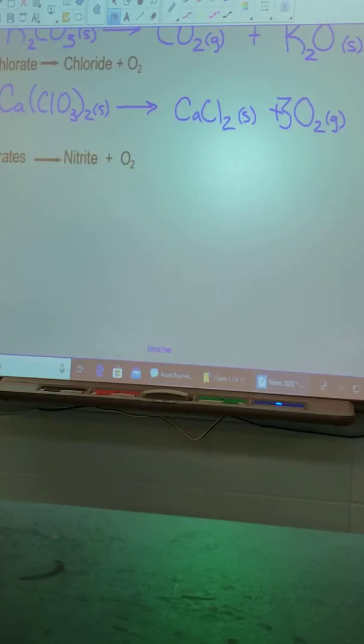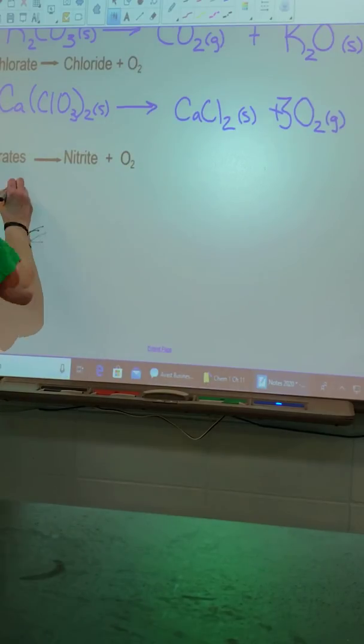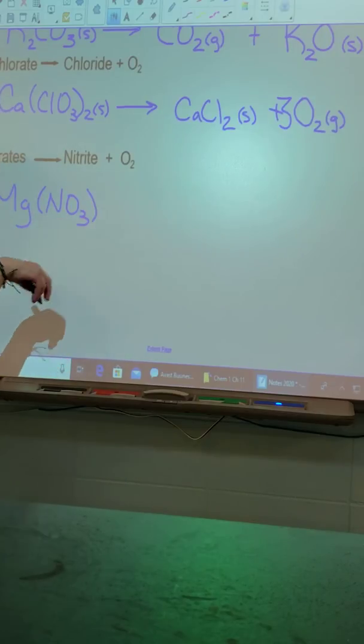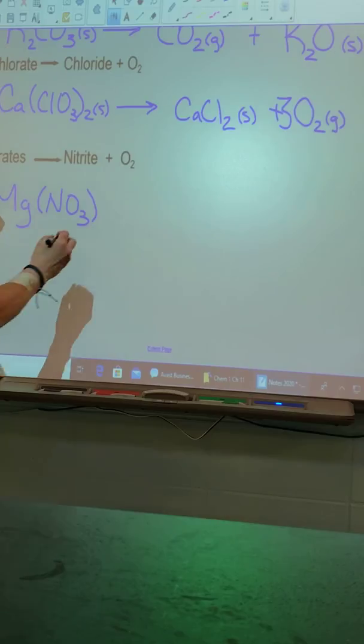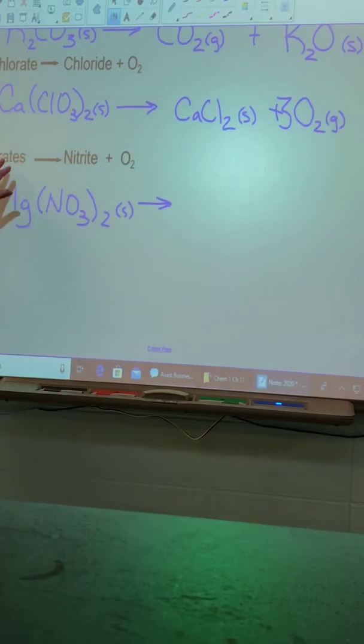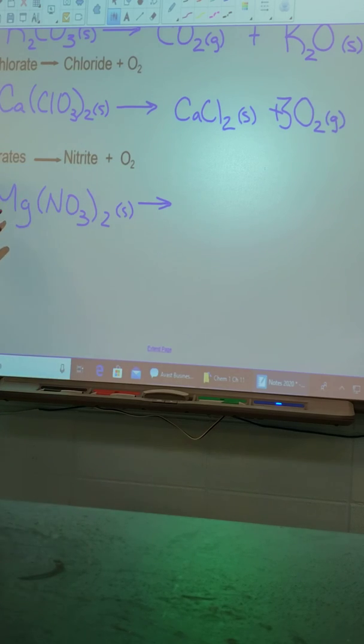The last one, nitrates. So let's use magnesium, because I used magnesium earlier. Okay, so when you have nitrates, remember nitrate is a polyatomic ion, you're going to get nitrite. So I'm still going to be bonded to magnesium, but it's going to change from nitrate to nitrite.